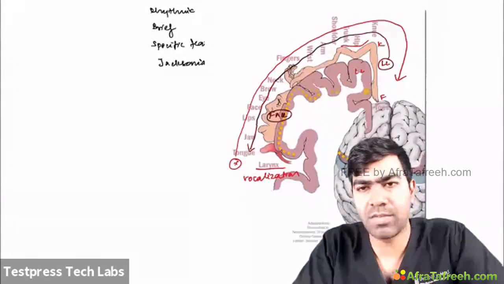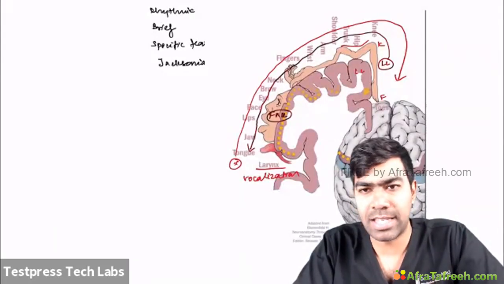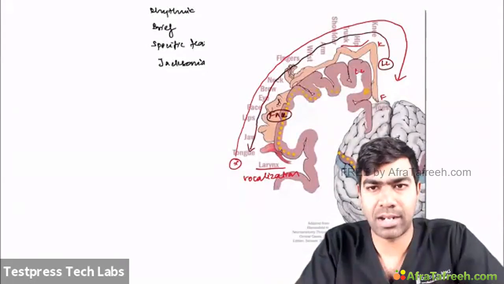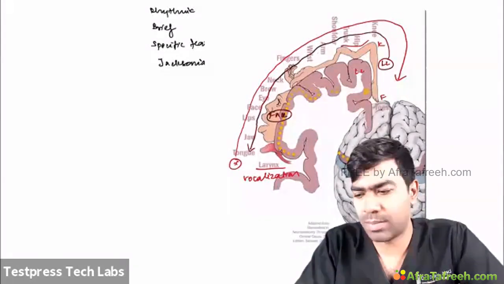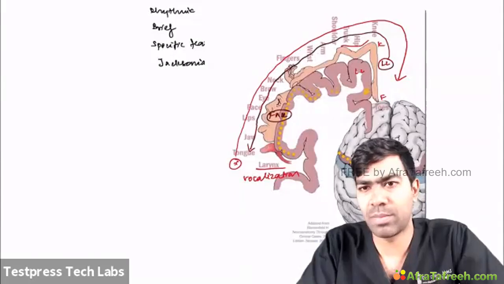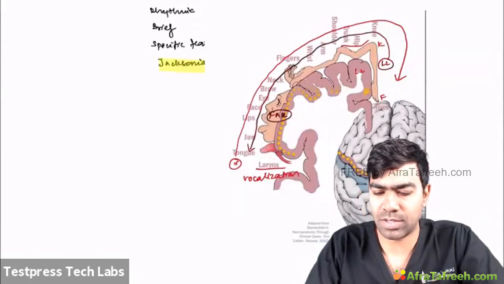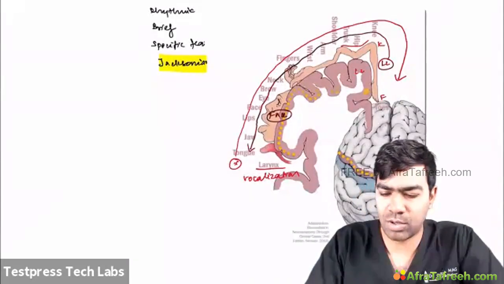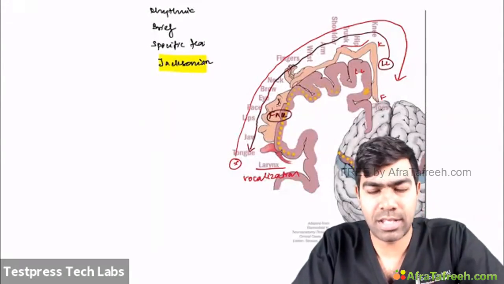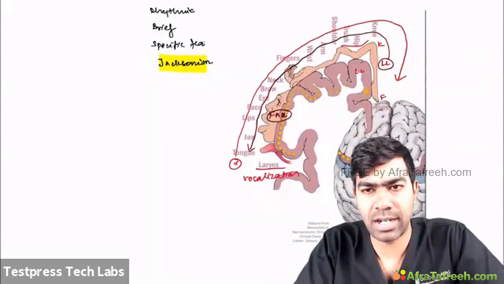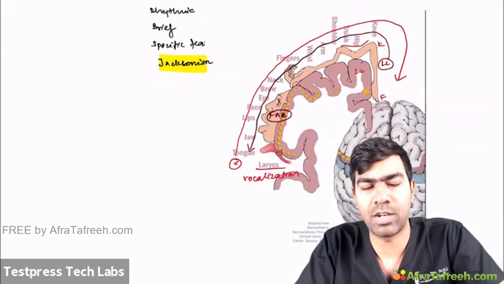That typically follows the motor homunculus, and this is what we classically refer to as a Jacksonian march. This pattern is not always present, so you should not say it is present in all patients, but the presence of a Jacksonian march tells you it could be a probable seizure and epilepsy. That's why understanding the Jacksonian march plays a key role.